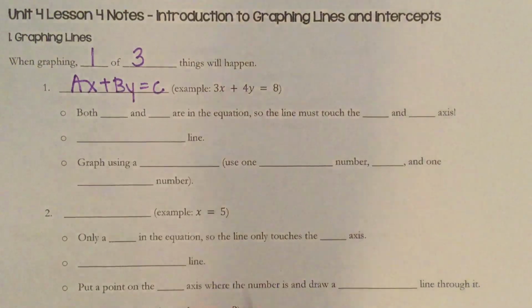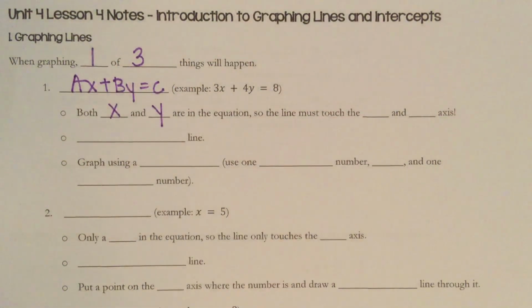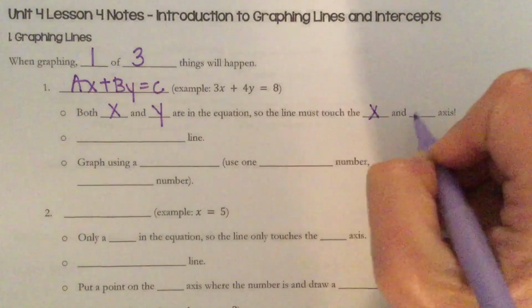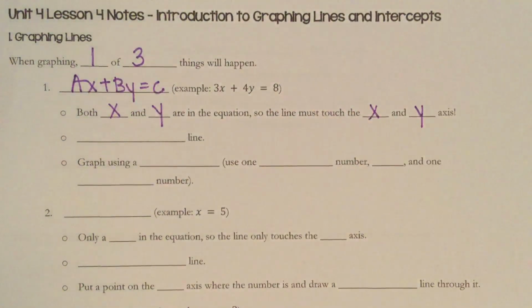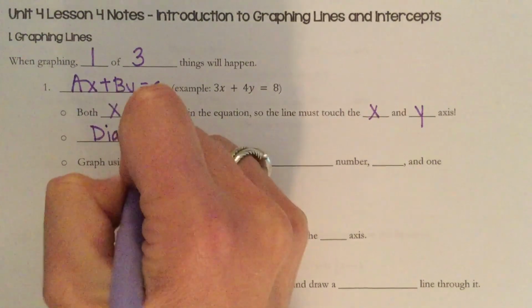In this form, both x and y variables are in the equation. So the line that we graph must touch both the x and y axis. So if you take a second to visualize a line that will touch both the x and y axis when we graph it, that line has to be a diagonal line.